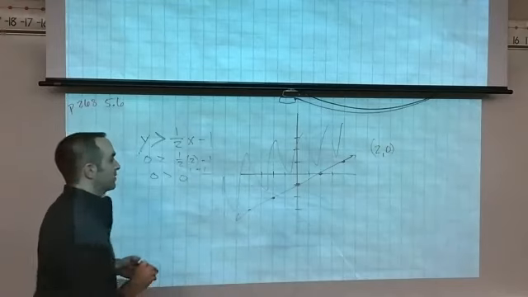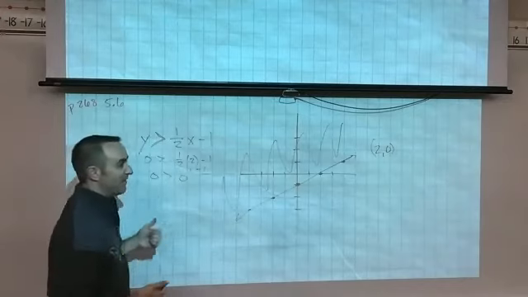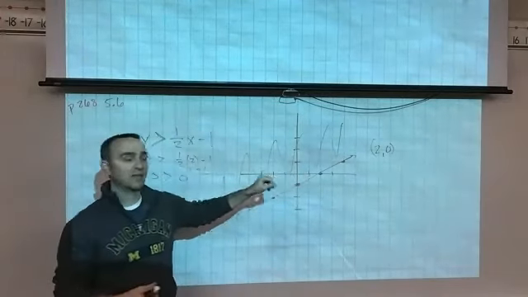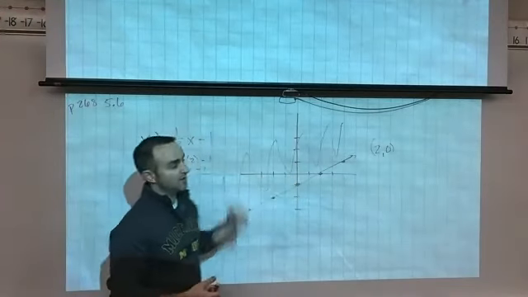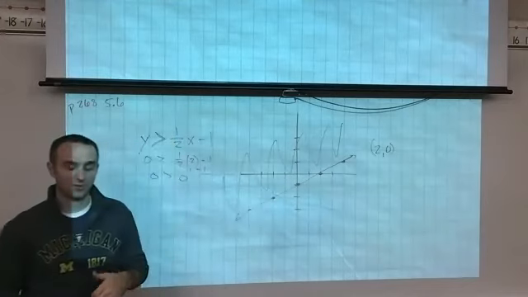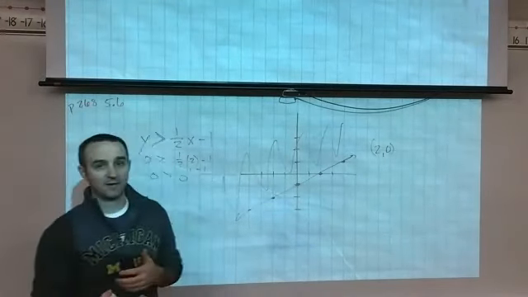So this is not a solution. Here's the problem, right? Last time, the last graph that we had, the line was a solution. If it was on the line, it was a solution. This time, when it's on the line, it's not a solution. We need to change the way our graph looks then.